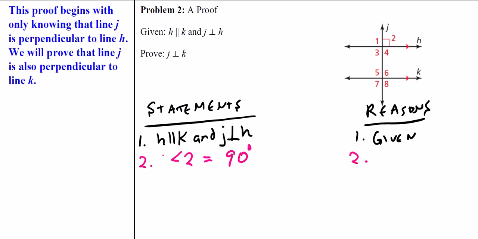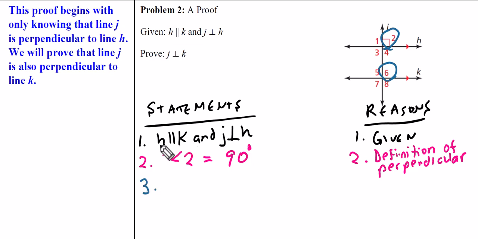The question is, how do we know that? Well, we were given that J is perpendicular to H, and we know that if 2 lines are perpendicular, then they form right angles. So if angle 2 is 90 degrees, and if H is parallel to K, then how are angle 2 and angle 6 related? If these are parallel lines, how are angle 2 and angle 6 related?